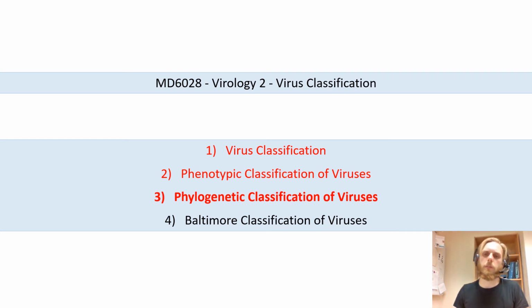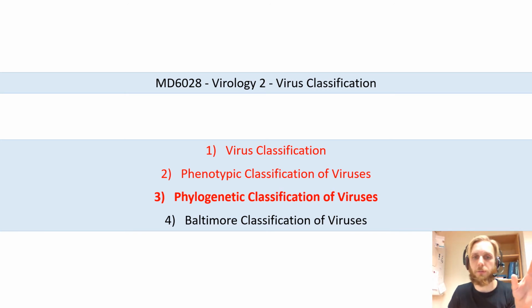So I went into some detail defining why we have these issues phylogenetically classifying viruses, and everything I said was accurate, I hope. Yeah, everything I said is fine and true. However, phylogenetic classification of viruses can still be useful. We don't want to get rid of the classification system completely.